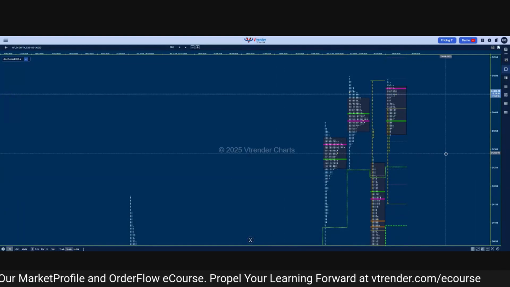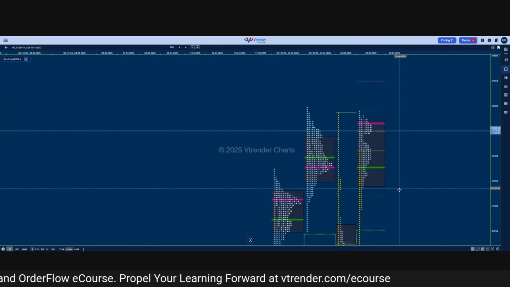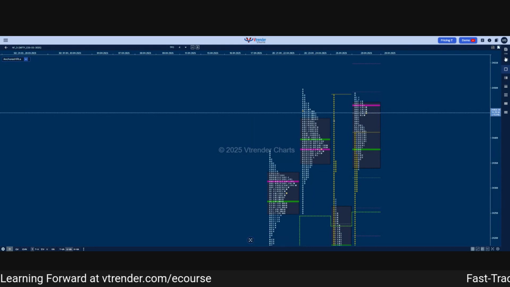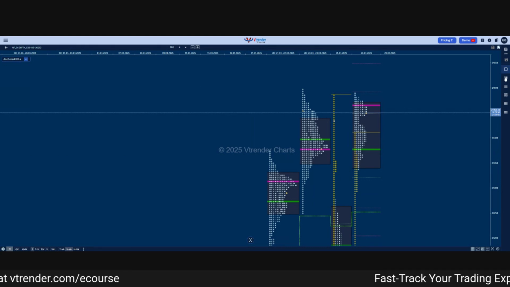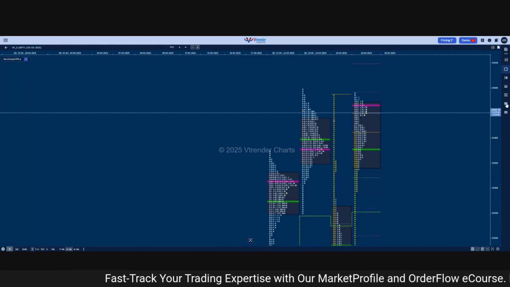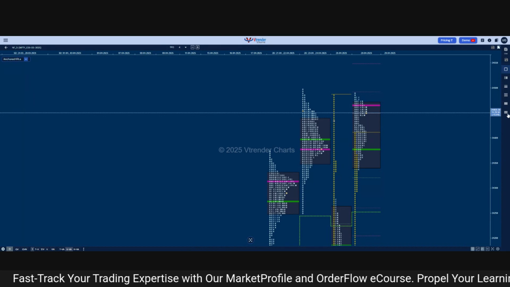So what we do is we have the market profile on the left, and you can switch to the two window mode by clicking on this icon which you have on the right hand side. Two window, you have a three window, four window mode, you have three vertical columns, and then you have the six window mode.